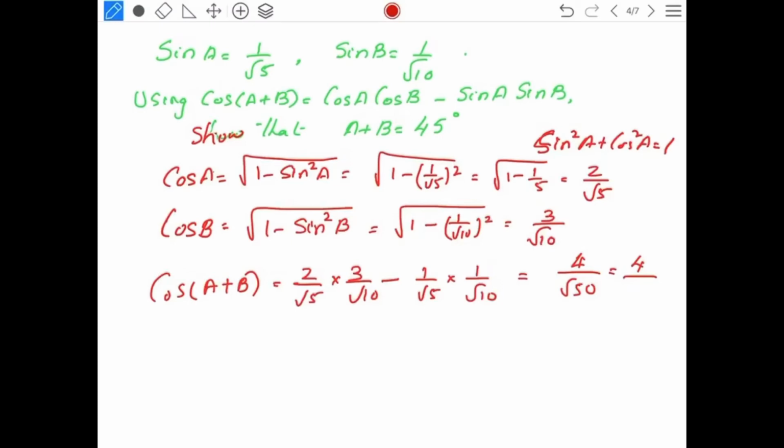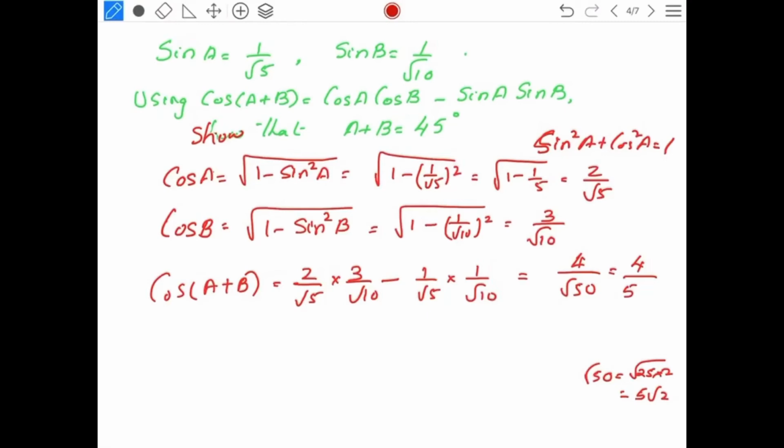Root 50 can be written as root of 25 into 2. So it is 5 root 2.